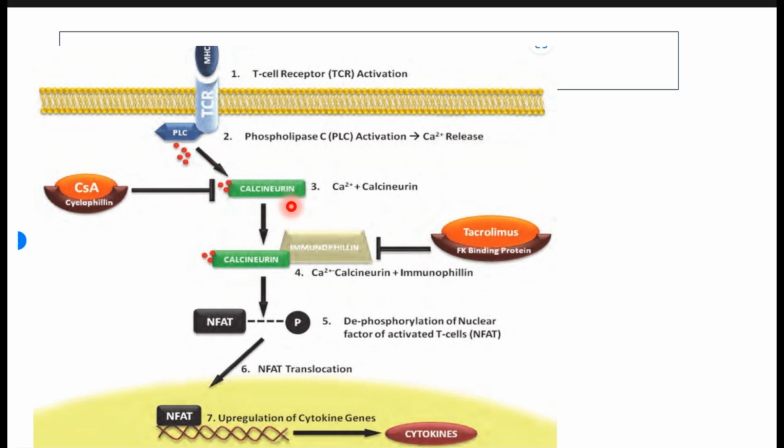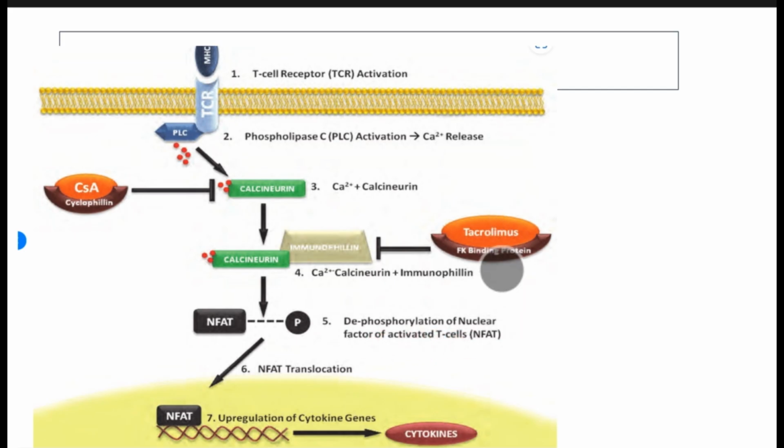This calcineurin is a calcium dependent phosphatase, right? Also, at this point, you can see the calcium, calcineurin, and immunophilin complex is going to be formed. Now, this calcineurin is a phosphatase, I told you, right? So it basically removes phosphate from this NFAT. NFAT stands for nuclear factor of activated T cells.